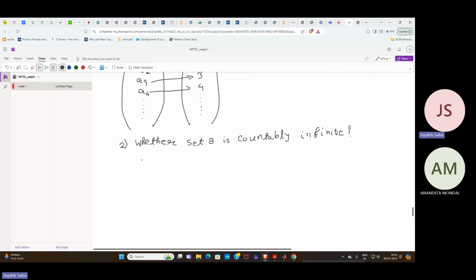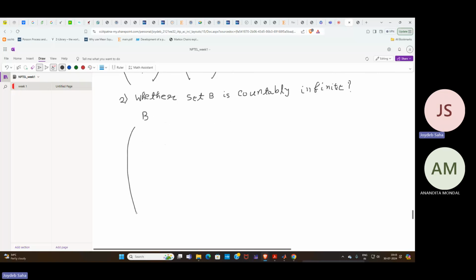Set B is also countably infinite in a similar way. Like we can map B1, B2, B3, B4, and so on.